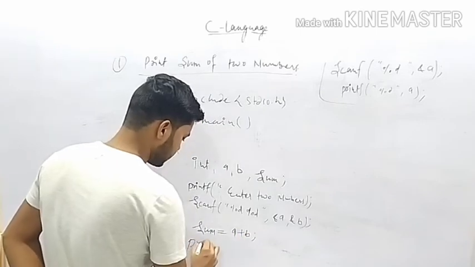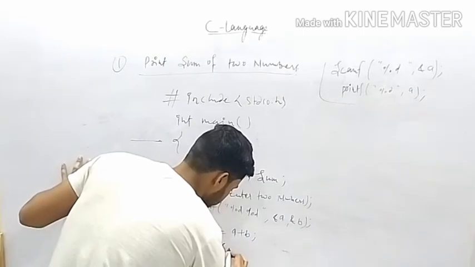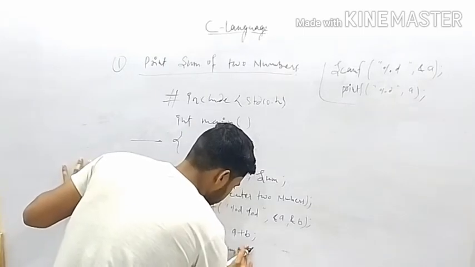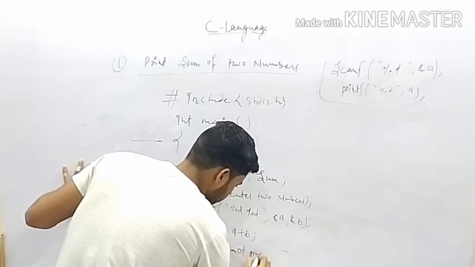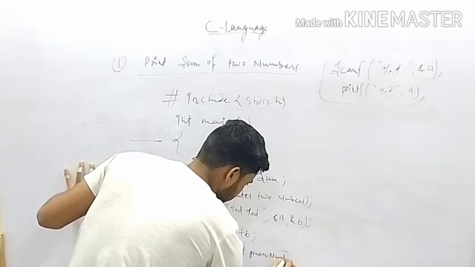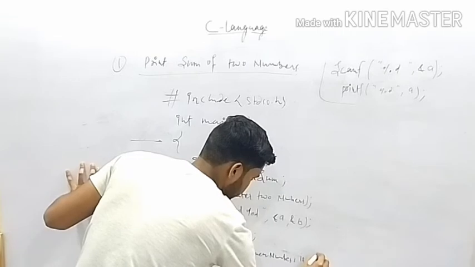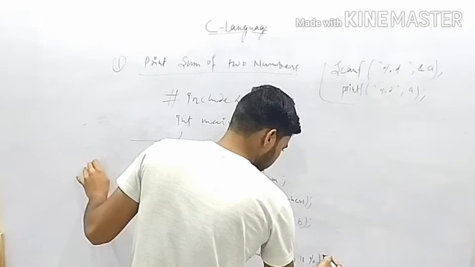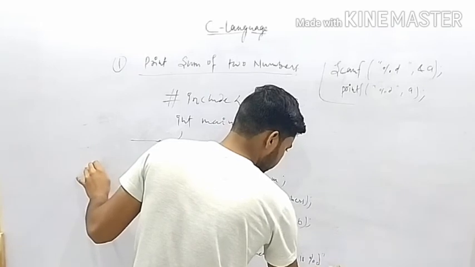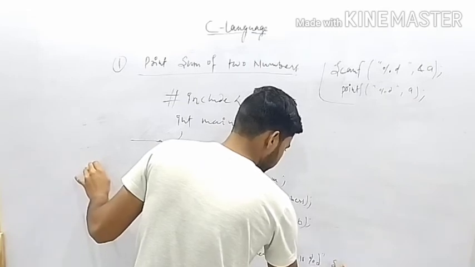Now we will print "sum of given numbers is %d", because it is also an integer value, and then we specify that this %d is the value of sum.